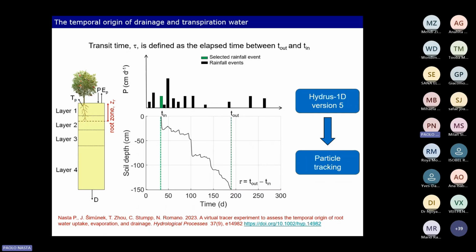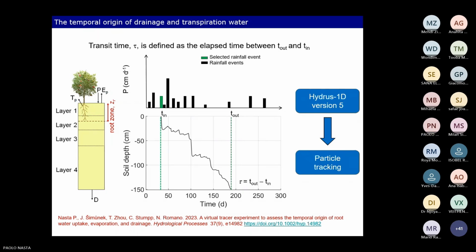And so we know by definition the entry time, but through the simulation we will know the arrival time at, for instance, if we want to determine the drainage travel time, so we go down to the bottom of the soil profile, we wait for the arrival time of the water parcel originating from the labeled rainfall event, the green bar, and then we obtain the arrival time.